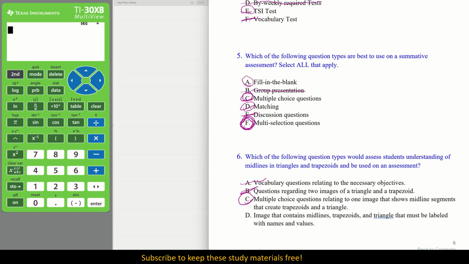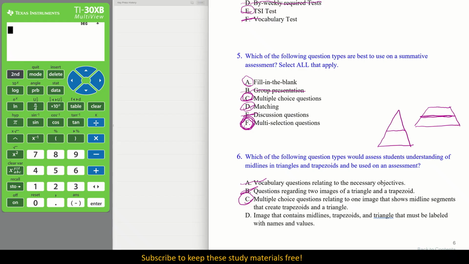But let me show you what I mean by this. You could do a triangle and then have a trapezoid. This type of image would help you, or even this type of image. And then you could have various questions that would go with that and maybe some numbers. So I agree with the fact that you had multiple choice with one image.